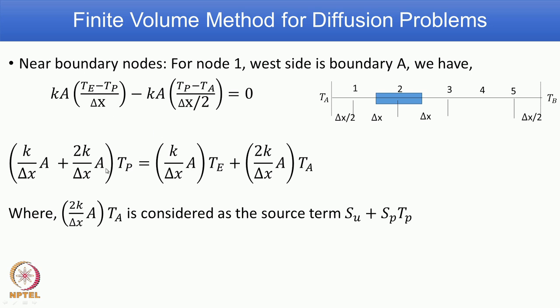So, we collect these coefficients. k by delta x A, 2 k by delta x A, T p equal to terms on right hand side. 2 k by delta x A and T a is considered as a source term, S u plus S p T p. S u is 2 k by delta x A into T a, and S p is minus 2 k by delta x into A, right.